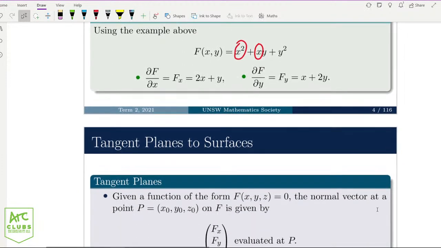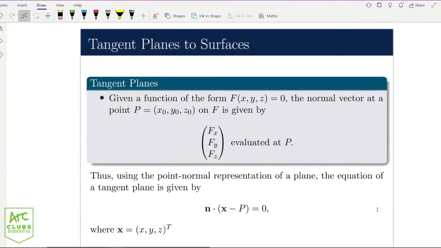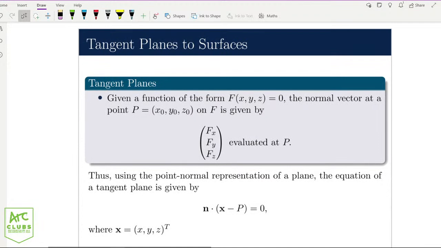Moving on, we have an application of partial differentiation, which is tangent planes to surfaces. If we've been given a function of the form f(x, y, z) equal to 0, a function in terms of three variables, then the normal vector at the point P given by x0, y0, and z0 on the surface is given by this particular vector.